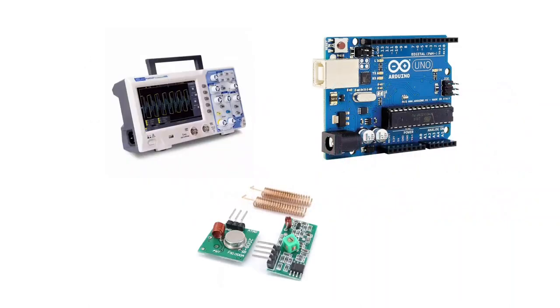After we branch over the theory, we'll have some fun experimenting, both with an Arduino and with an oscilloscope, to see how these devices transmit and receive, at least on the digital side. Because on the analog side, we're dealing with hundreds of megahertz frequency, which neither my oscilloscope nor the Arduino can handle.